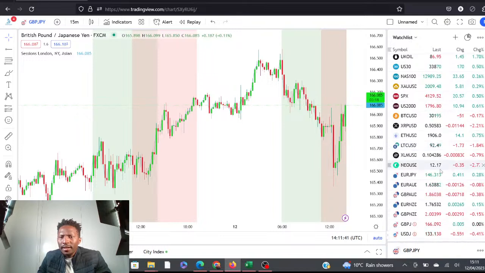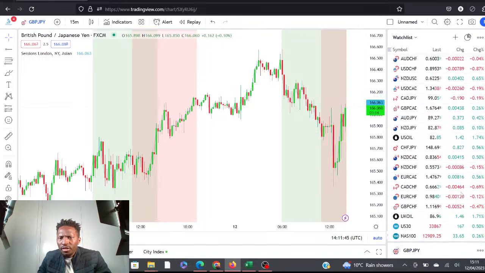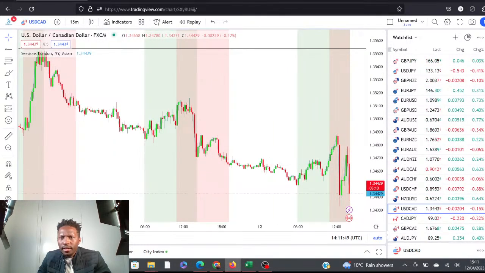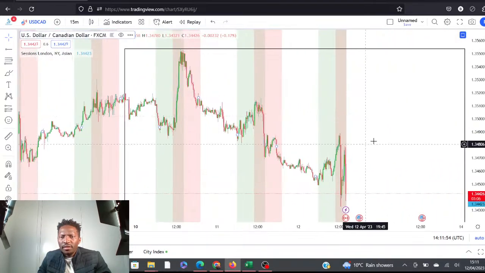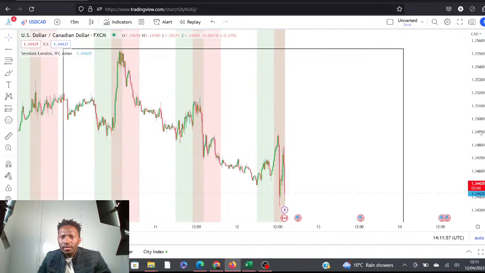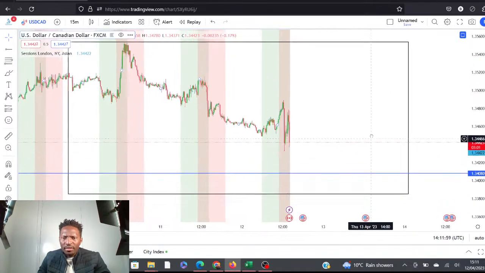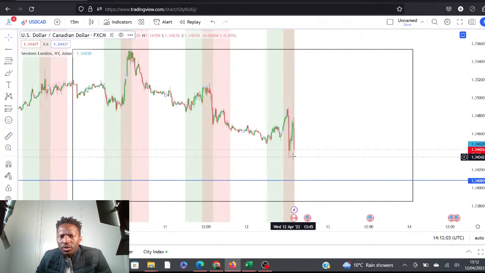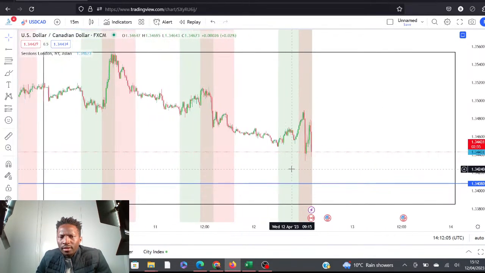So I still haven't got any kind of indication in terms of what the market is going to do. So let's check on the CAD and see if we're getting anything. Nah, surprisingly, this interest rate decision is not having any sort of impact on the market at all.